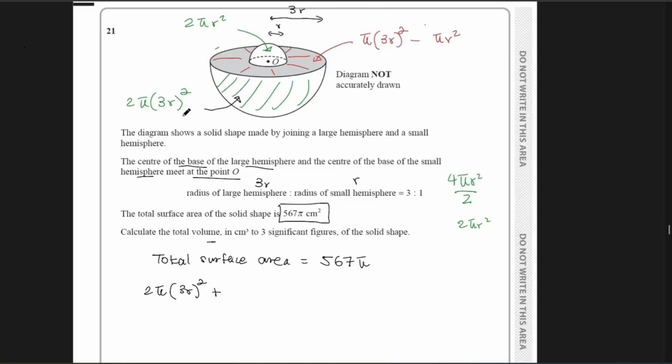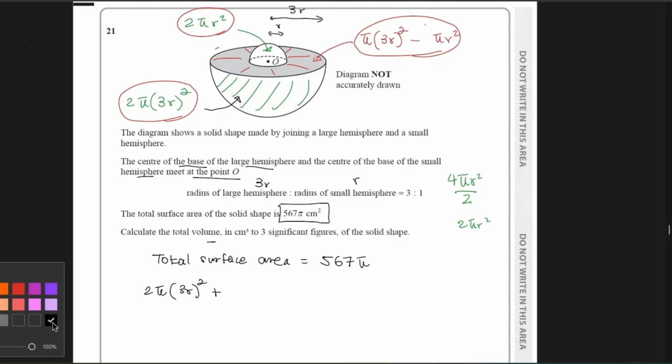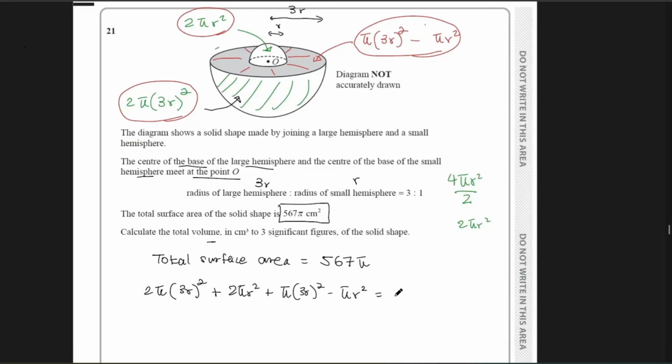So if we add the curved surface area of the larger hemisphere, curved surface area of the smaller hemisphere, and this base area that is exposed to the outside, we will get the total surface area. So let's write those down. 2 pi r squared plus pi times 3r the whole squared minus pi r squared is equal to 567 pi.